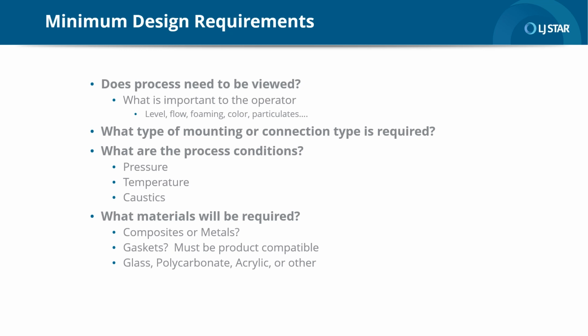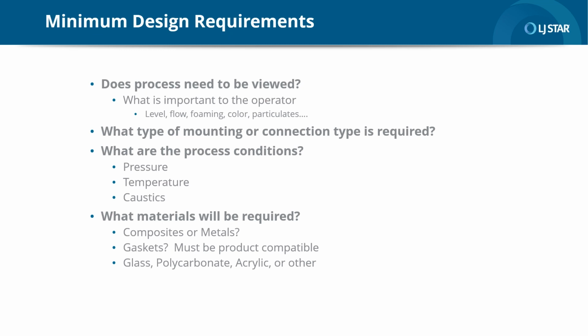We have to know what the process conditions are. At minimum, we have to know pressure and we have to know temperature. And again, we also have to know what size you're looking for and what type of connection. Those are the key items that we have to be able to at least get you started and start moving you in the right direction.